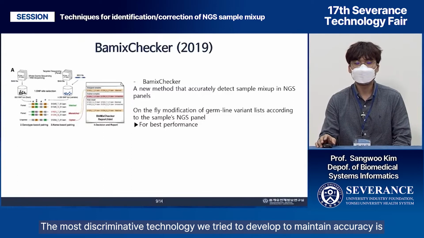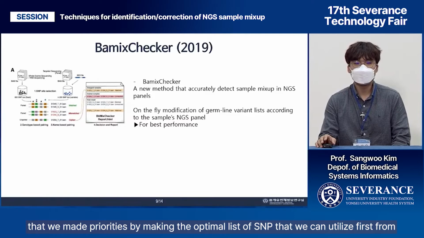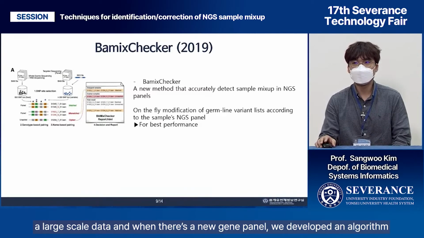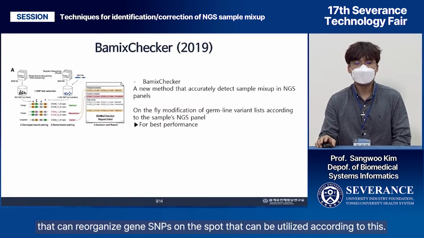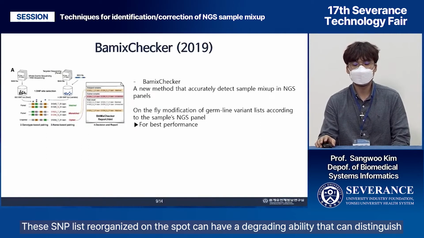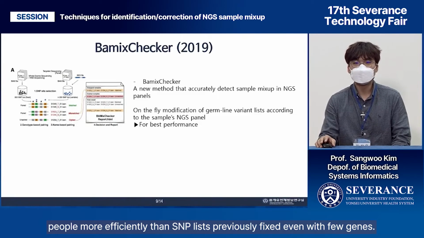The most discriminative technology we developed to maintain accuracy is that we made an optimal prioritized list of SNPs that we can utilize first from large-scale data, and when there's a new gene panel, we developed an algorithm that can reorganize the SNPs on the spot according to that panel. These SNP lists reorganized on the spot have a greater ability to distinguish people more efficiently than previously fixed SNP lists, even with few genes.